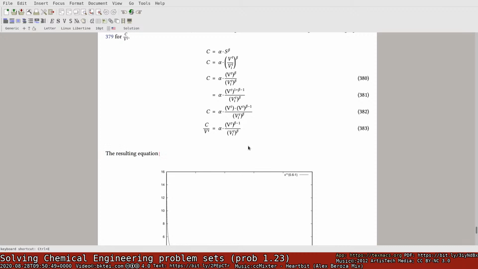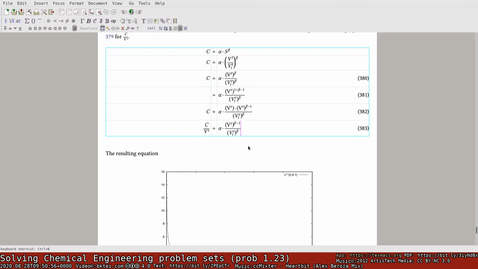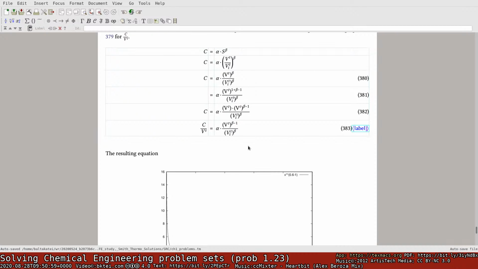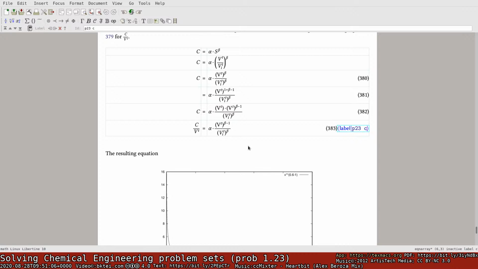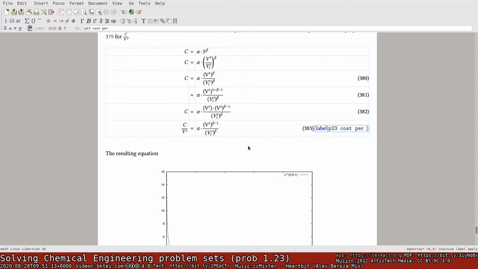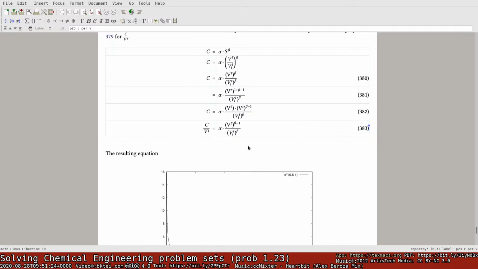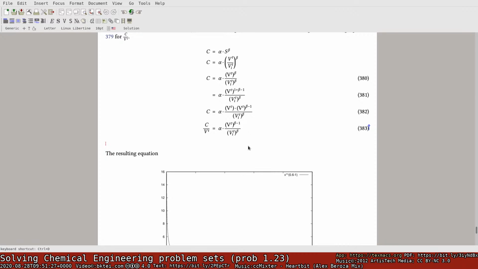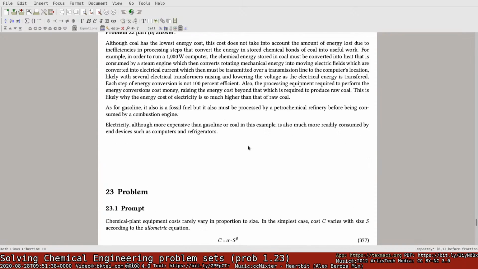The resulting equation. Give a label for this, is this problem 23, cost per unit, cost per volume, C per V. Okay.